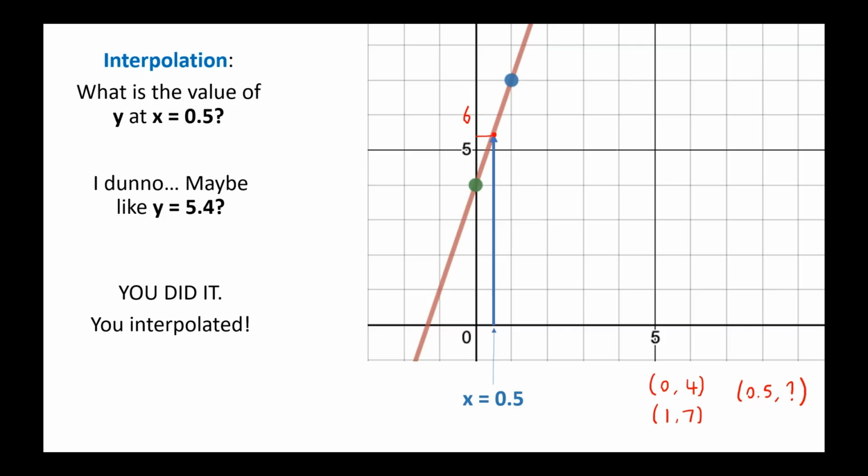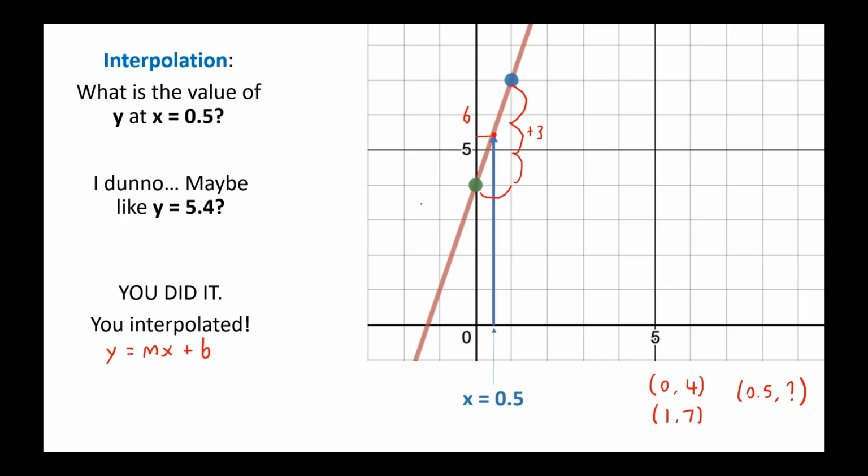Now, if you want a more accurate way to solve for this question, you can form an equation. Recall that since this is a straight line, it would meet the criteria for the equation y equals mx plus b. From the previous videos, you would know that m is your consistent pattern. In this case, you can also say m is your rise over run. So it looks like every time I go across by 1, I go up by 3.